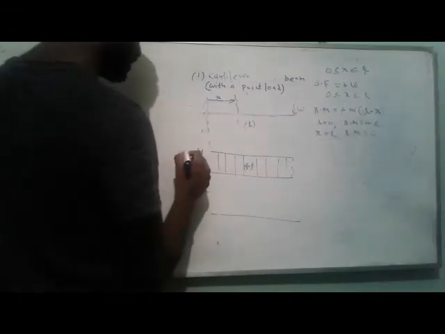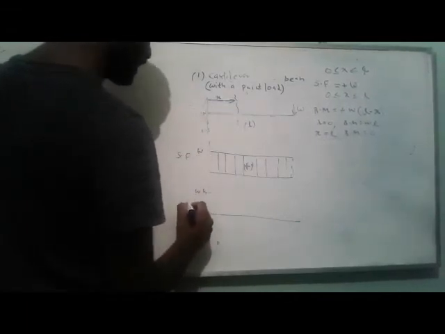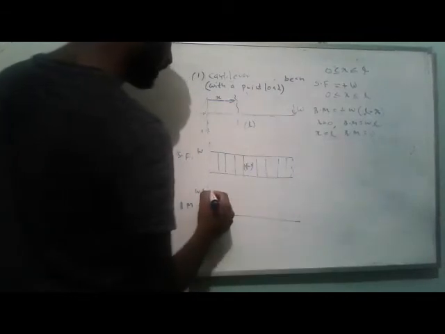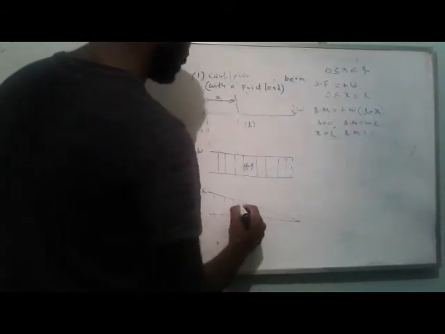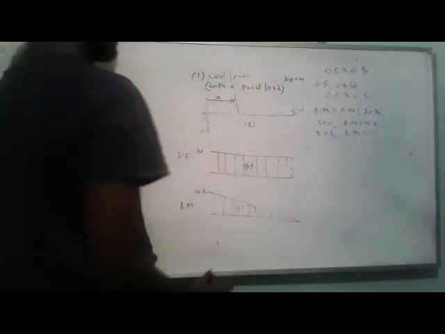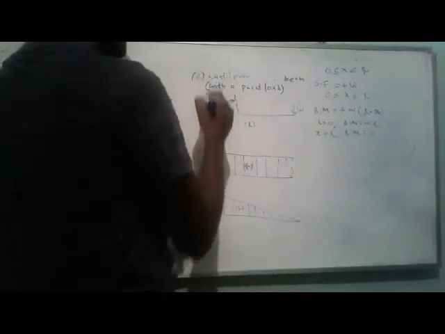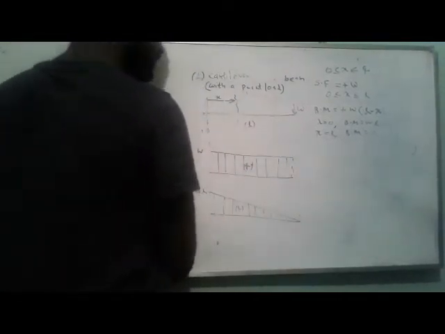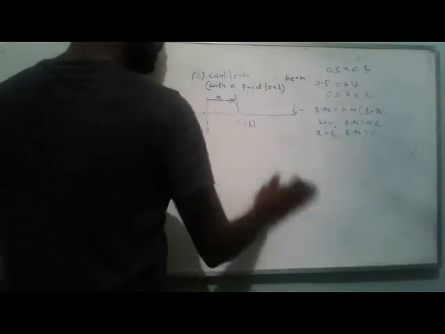This is the shear force diagram. This is the bending moment diagram. From here to here, linear variation. Here it is 0. That is positive as well. So this is the bending moment and shear force diagram for a cantilever beam. This is the second example. Let's consider the third example.